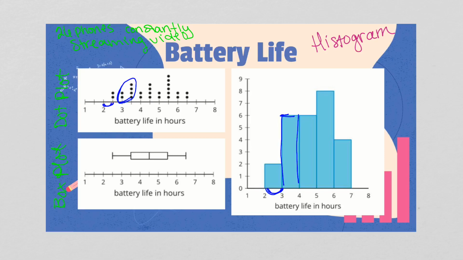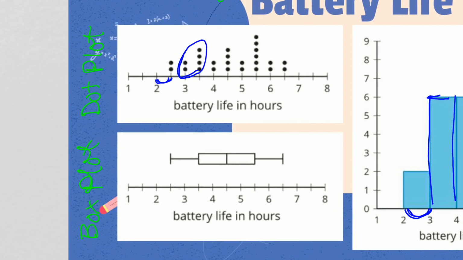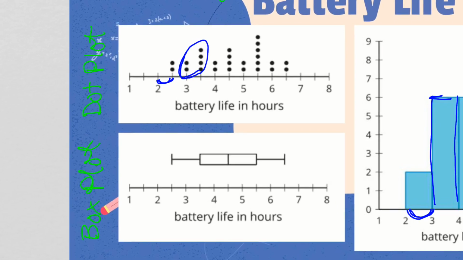So we talked about the differences between this dot plot and this histogram. Now I want to look at the dot plot and the box plot. So I'm going to zoom in here. And I had you guys tell me if you could remember what these 2 points are, because they're kind of related. But we called these the minimum and the maximum.